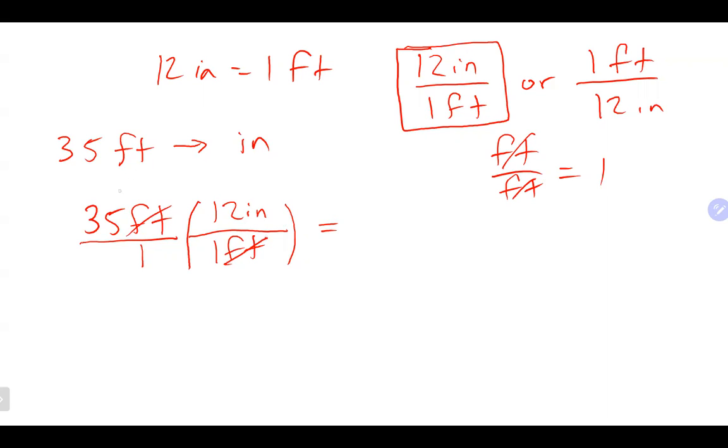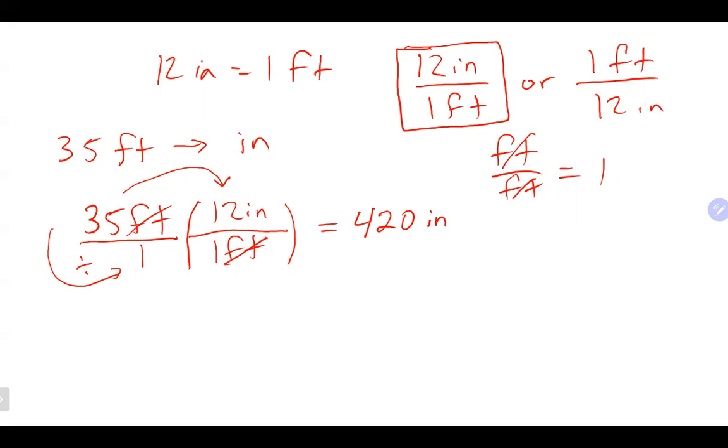Math-wise, we would be multiplying whatever numbers we have up on top and dividing by whatever we have on the bottom. In this particular case, we don't have anything on the bottom besides 1. So 35 times 12 gives us 420 inches as our answer.